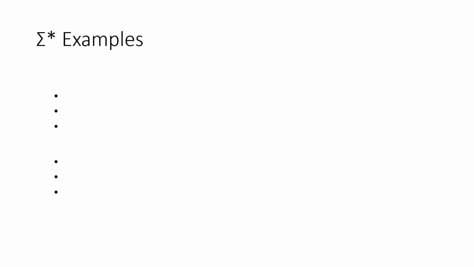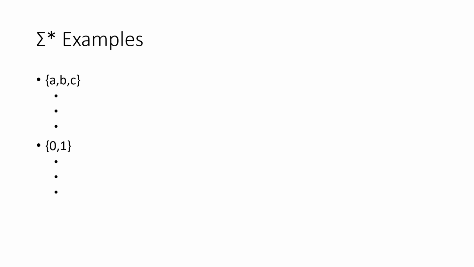To understand better what sigma star means, let's look at some examples. I have 2 examples here. So A, B, and C is going to be sigma in the first example. So the letters A, B, and C are what make up my alphabet. And the second example I have is 0 and 1, which is probably the most common alphabet we're going to see as computer scientists.